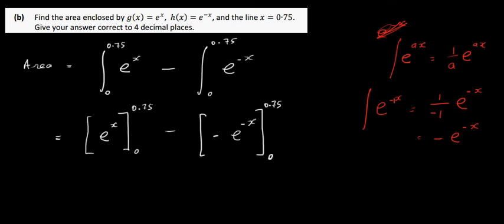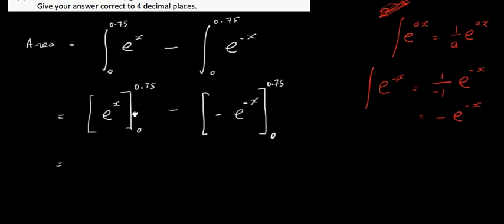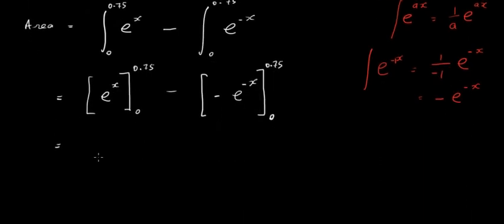Okay, so let's just calculate all of this then. We want to put in the 0.75 first here, so I'll put this in brackets. So it's e to the power of 0.75 minus e to the power of 0. Now don't make the mistake of seeing this 0 and just putting in 0 here.